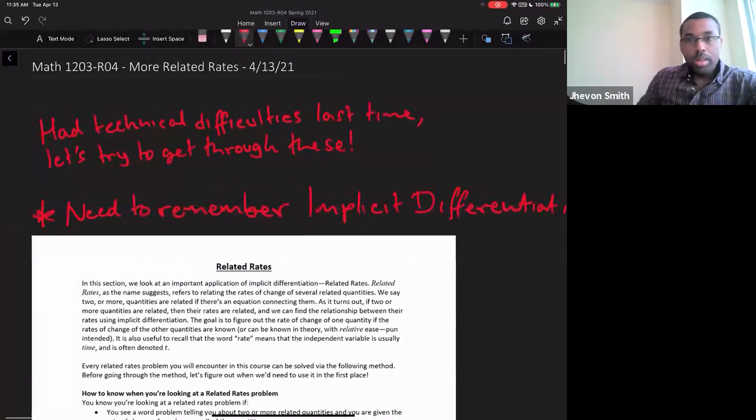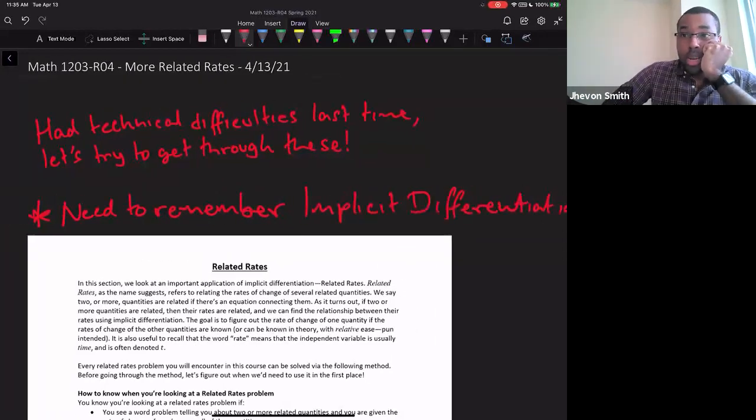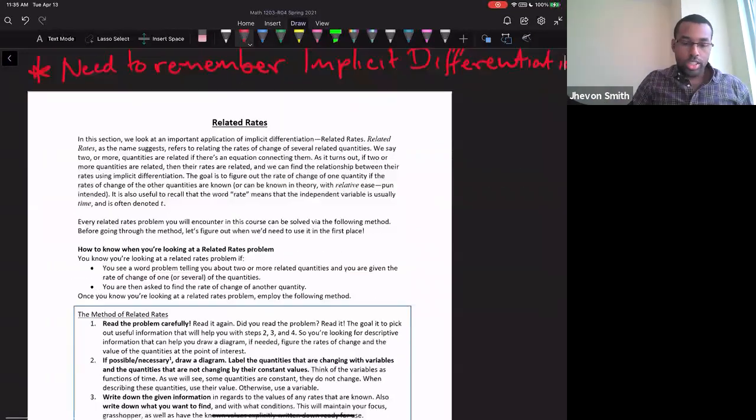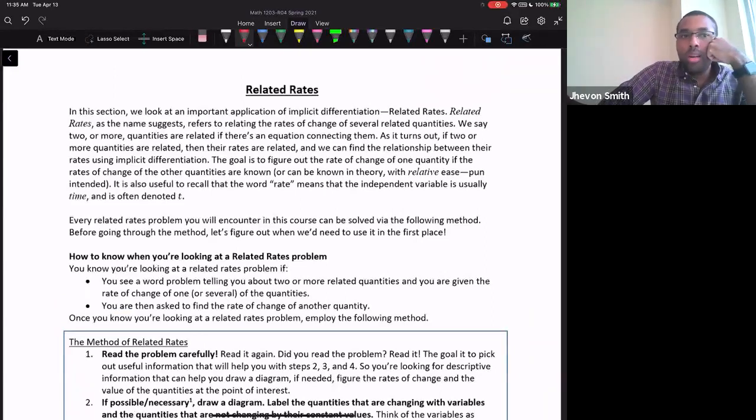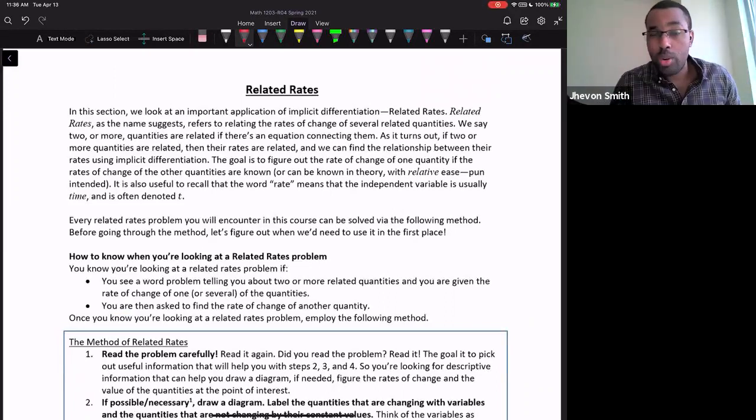Okay, so in some ways, related rates is an application of implicit differentiation. Just to quickly remind ourselves, when two quantities are related mathematically, it turns out that their rates of change are also related, and you can figure out this relationship between the rates of change by just differentiating the equation.